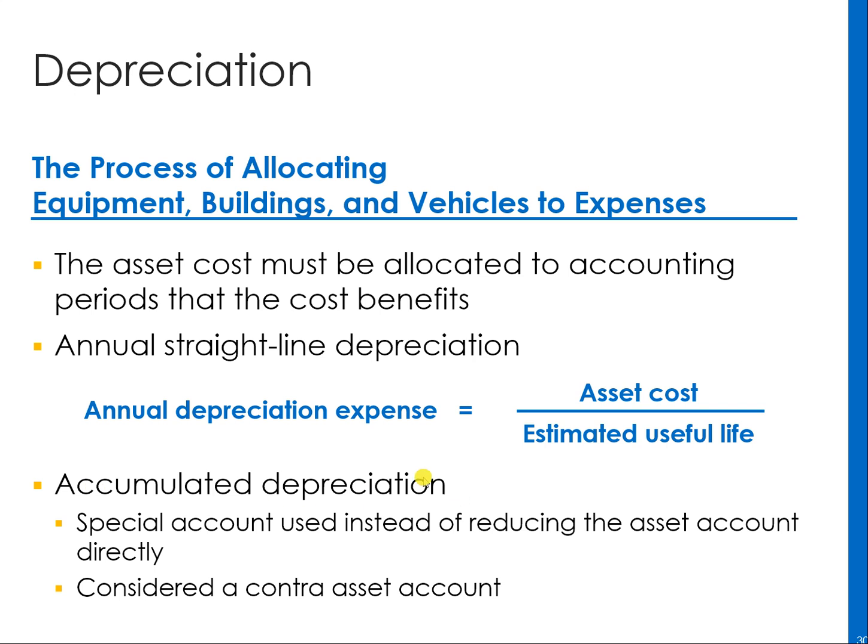The accumulated depreciation account is still an asset account, but it is considered a contra asset account because its balance is always negative. So this account is going to reduce our total assets, called a contra asset account.